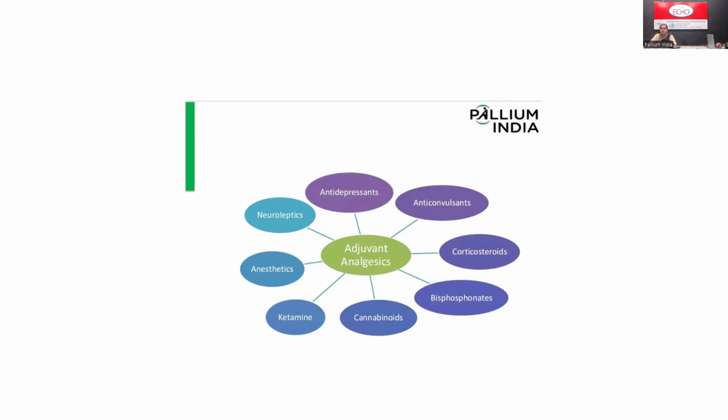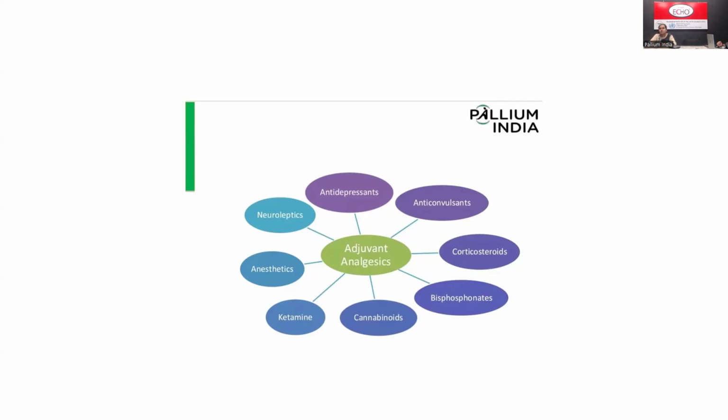When you are seeing the patient next time, you just observe for what these medications are being given. Sometimes this pregabalin is not prescribed for the seizure. That might be prescribed for the pain management. Okay, so that is being used as an adjuvant there.